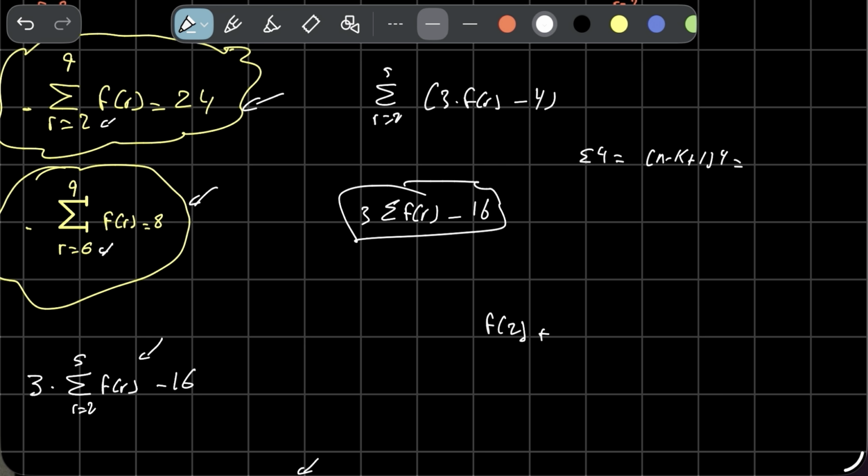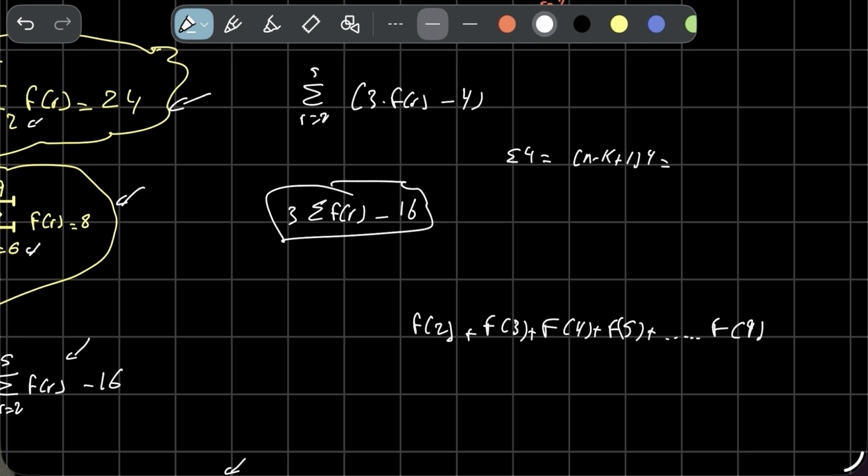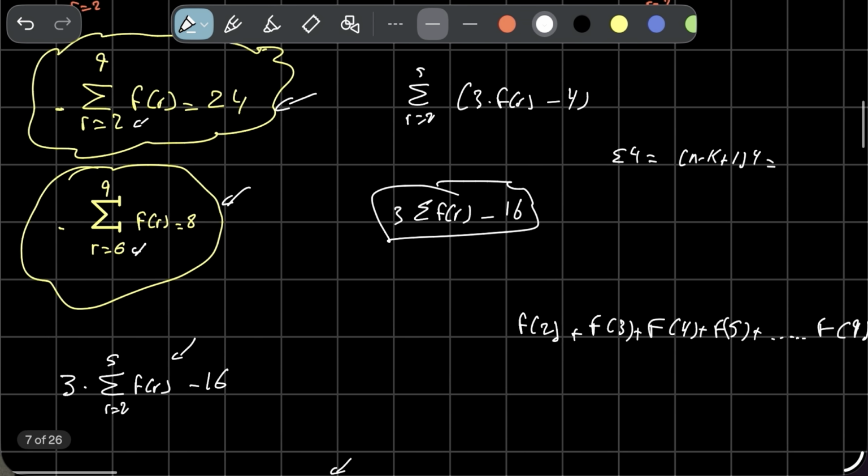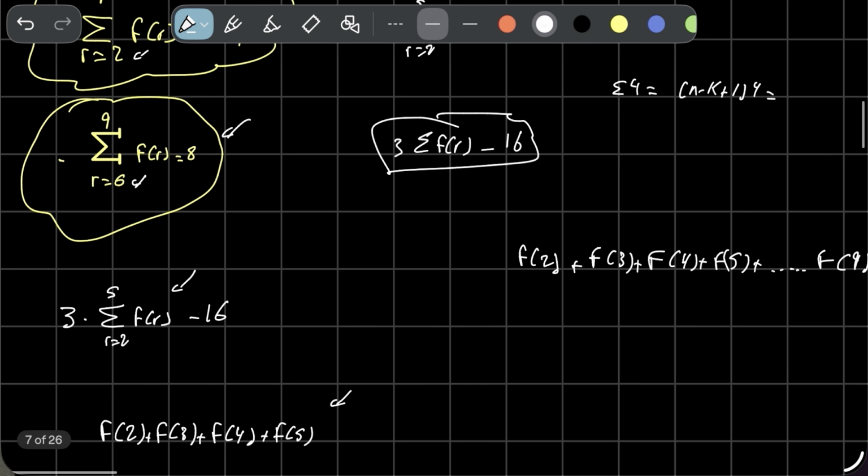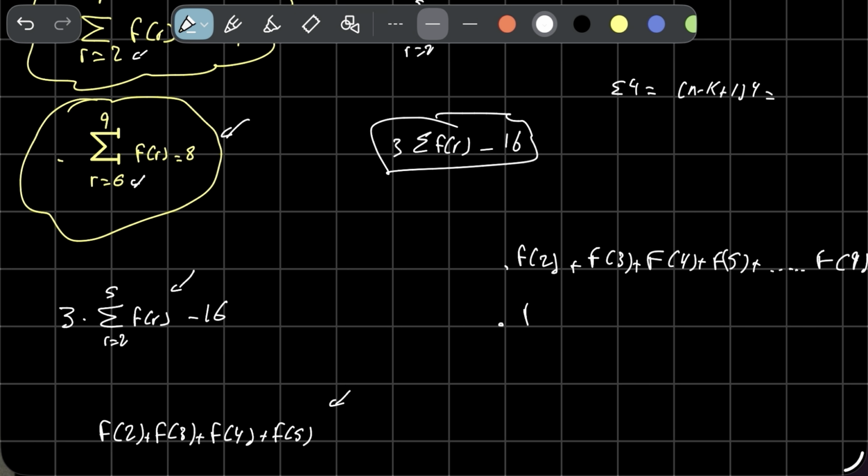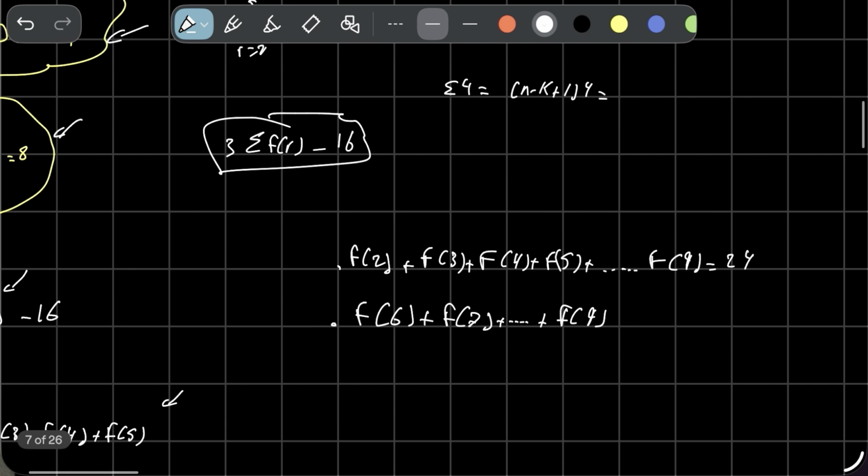We have f2 plus f3 plus f4 plus f5 plus and so on, plus f9 equals 24. And for the second one, we have f of 6 plus f of 7 plus and so on, plus f of 9, equals 8.